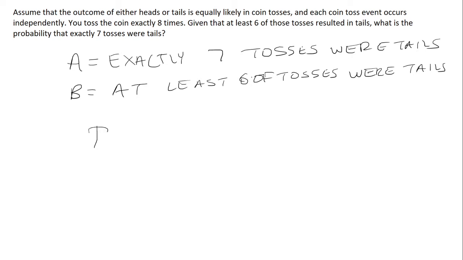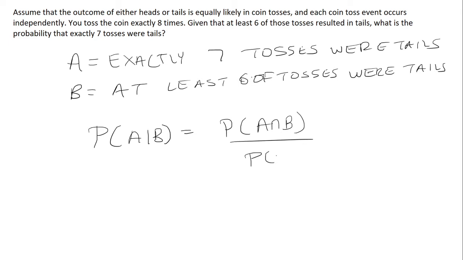So what I'm looking for is a probability that exactly 7 tosses were tails, given that at least 6 of them were tails. So basically looking at probability A given B, which is by conditional probability A intersect B over probability of B.